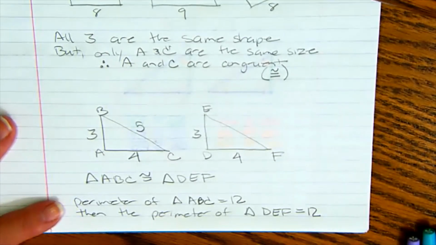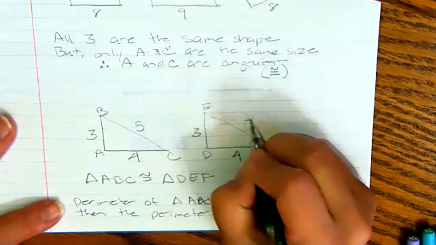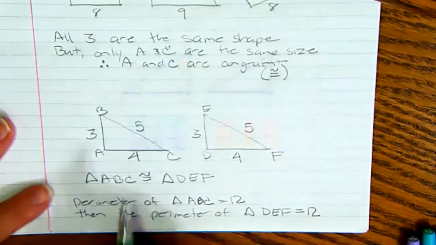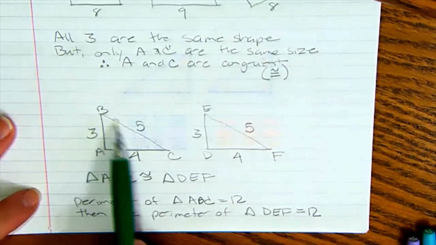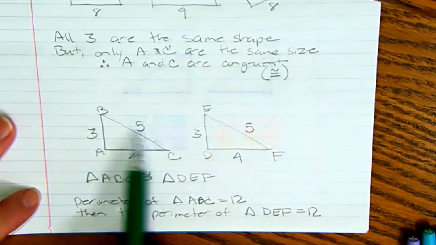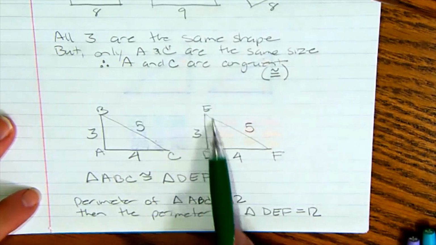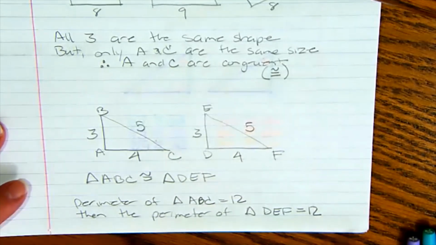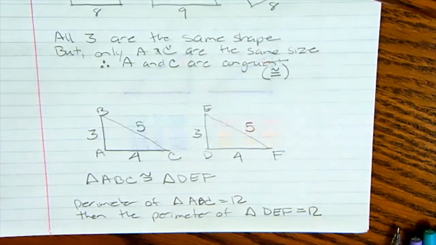Well, since they are congruent triangles, it has to be 5. So if the perimeter of triangle ABC is 12, then the perimeter of DEF also has to be 12. So this is congruent figures and corresponding parts in a nutshell.